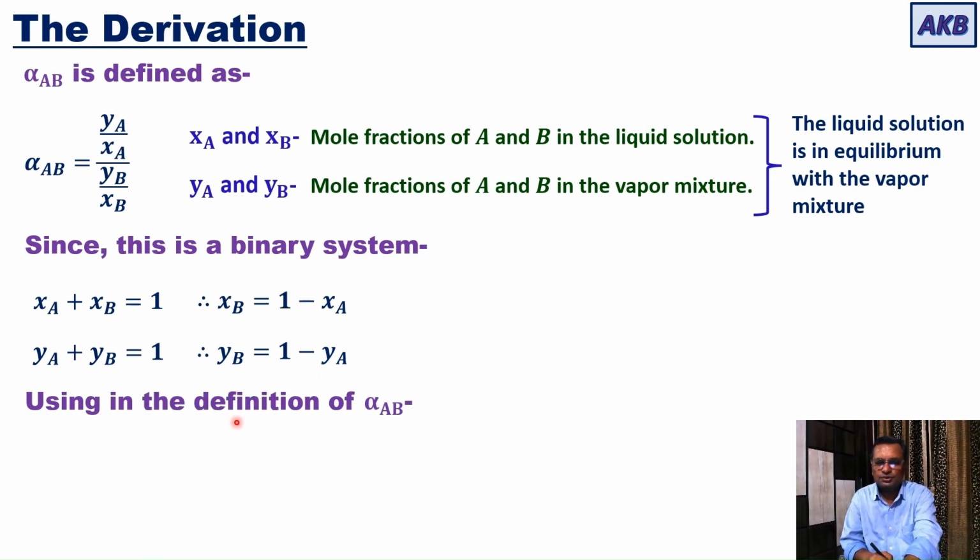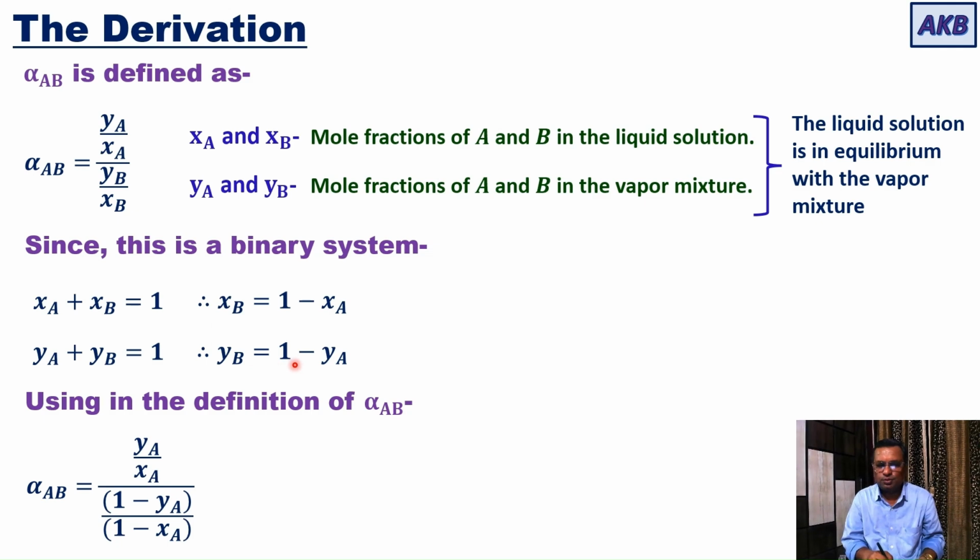Now, we are going to use these equations for XB and YB in the equation for alpha AB, so that everything is in terms of A. Alpha AB becomes YA upon XA divided by 1 minus YA upon 1 minus XA. So, YB is replaced with 1 minus YA and XB is replaced with 1 minus XA.